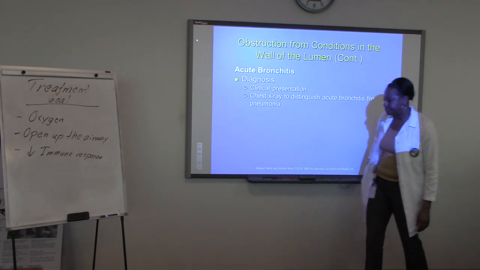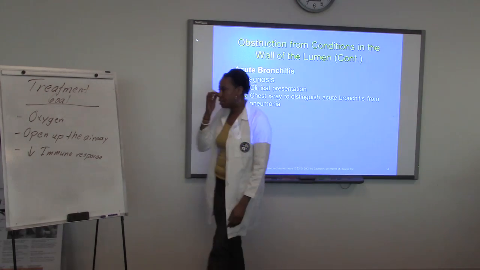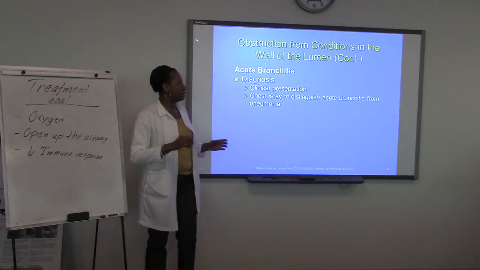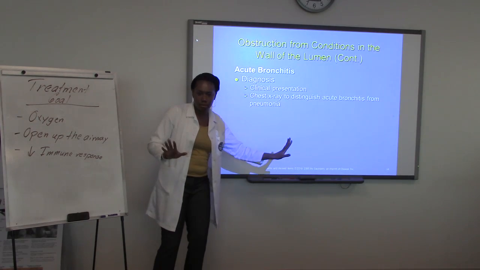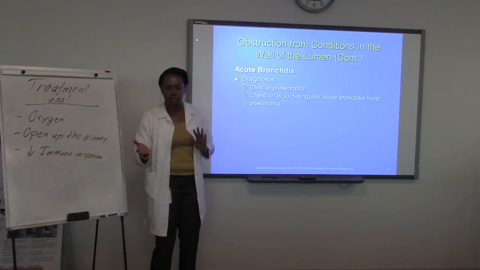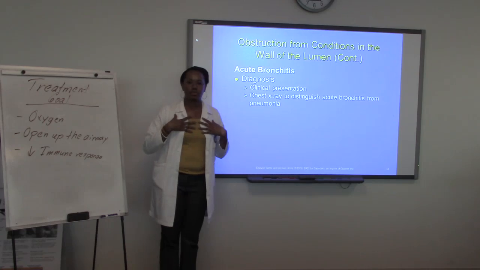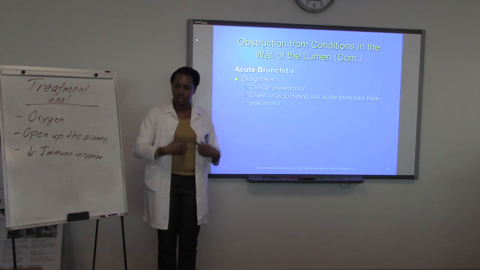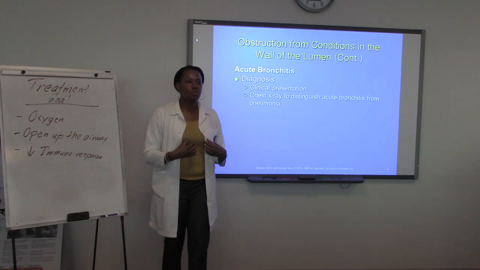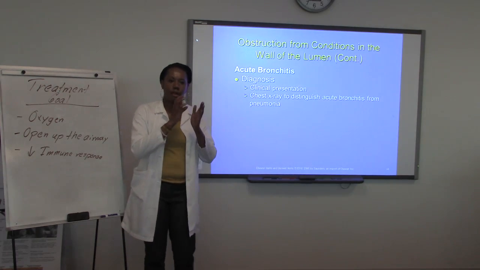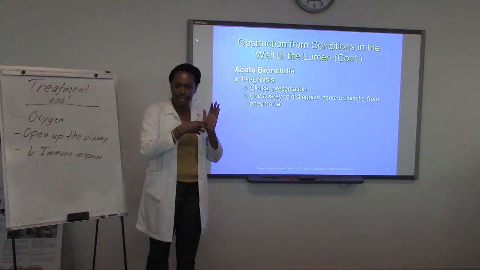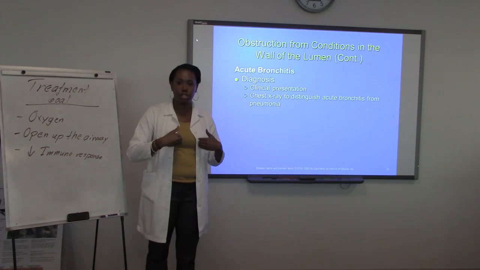Now again, the concern, as I told you before, is it a pneumonia or is it an acute bronchitis? So with a chest x-ray, they can look at the lungs, and with a pneumonia, you will see what are called infiltrates, or areas where there's a lot of immune cell activity that has infiltrated the lung tissue.